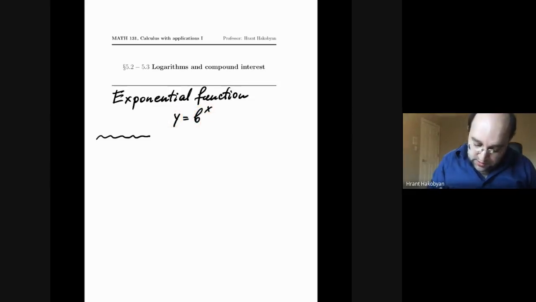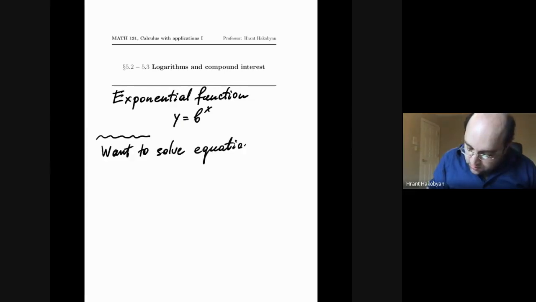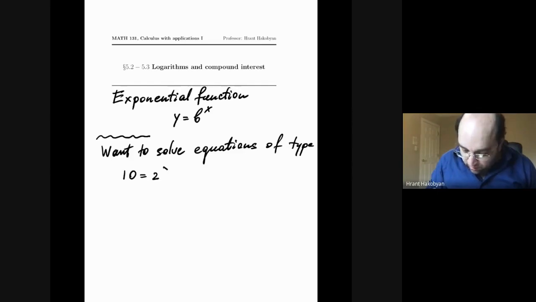So the objective today is to solve equations of this type. For instance, I have 10 is equal to 2 to the power x.